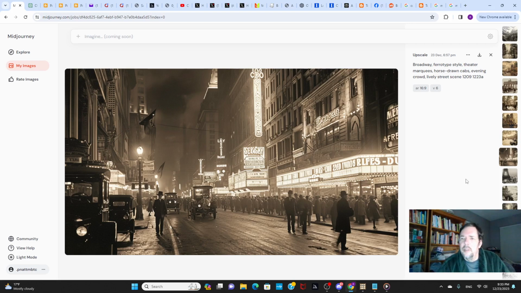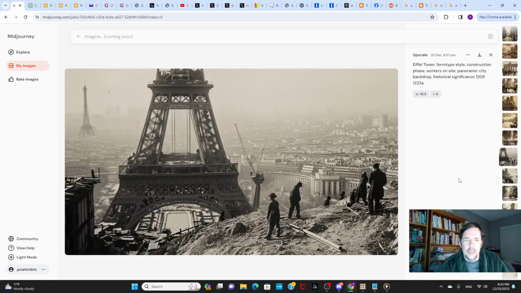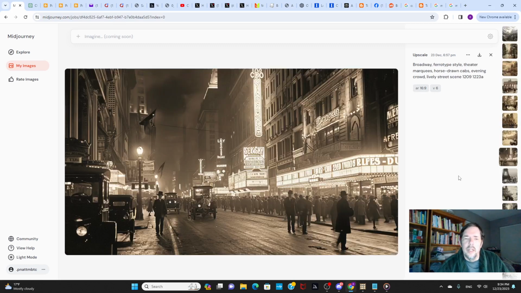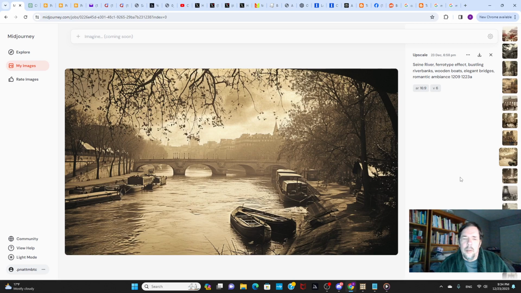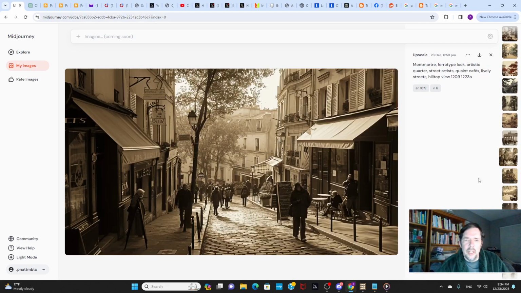I'll peek. Oh, this is Broadway. Don't know how that got intermixed. Okay. Back to Paris, so we've got the Seine, Notre Dame, Montmartre. I like Montmartre very much. That's one of my favorite areas of Paris.